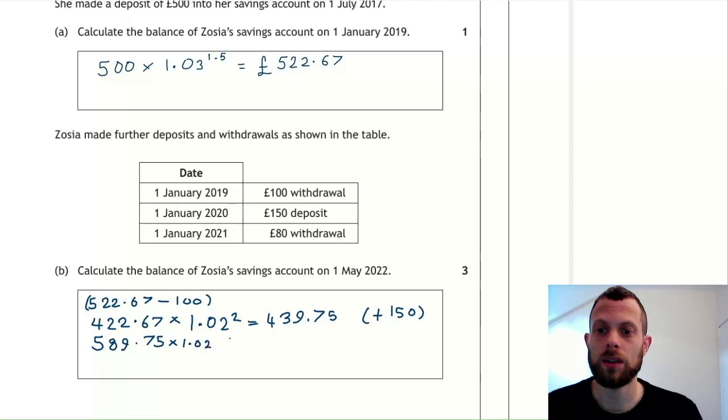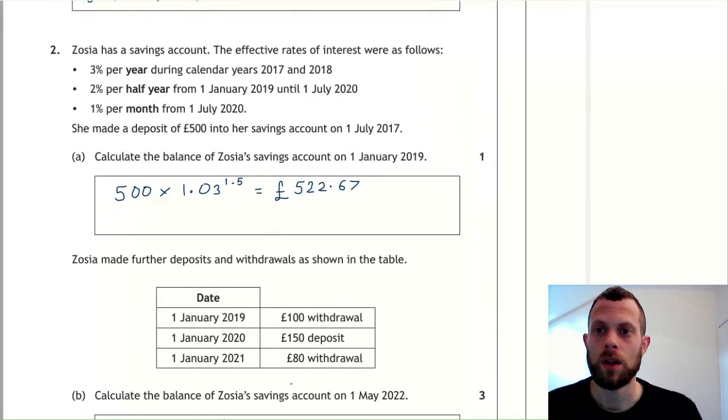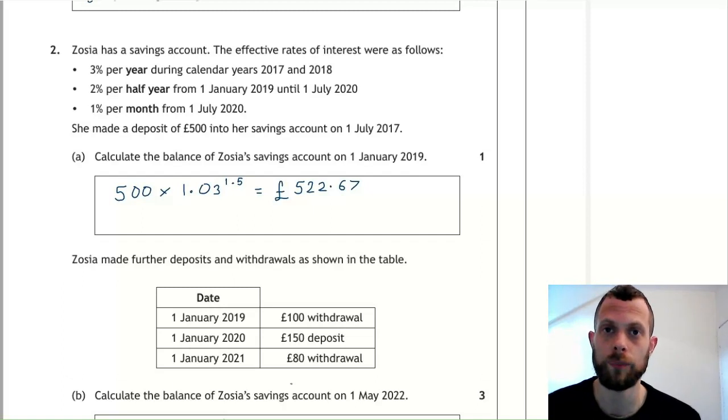Then we need to work out how much this is until January 2021. So let's look back at the information. The 1.02 was for the 2% increase for half a year. That takes us up until the end of June, which is half a year. So 1.02 you could say to the power 1 for 1 half year, but you don't have to have the power 1.